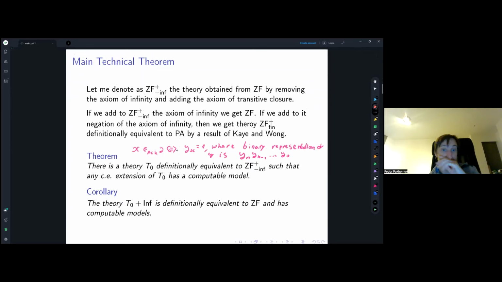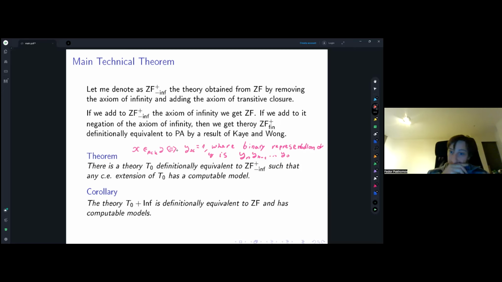The official theorem stated that any computably enumerable extension of T0 has a computable model. But in fact, any model of T0 with delta 2 elementary diagram has a computable copy. This is what the construction actually shows.